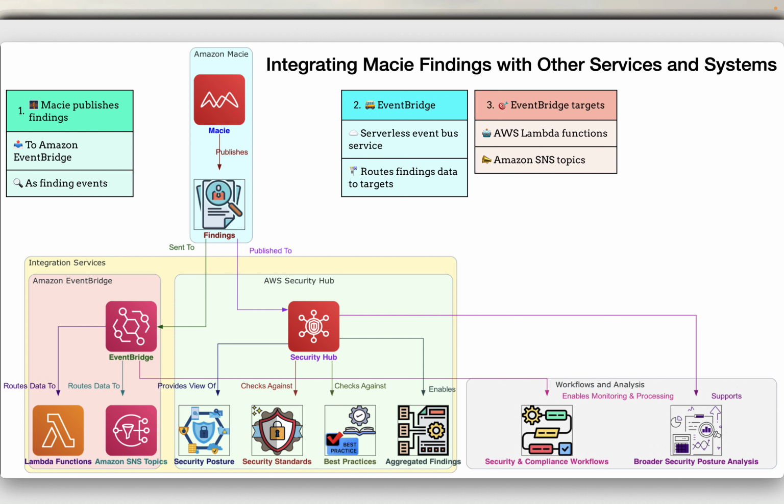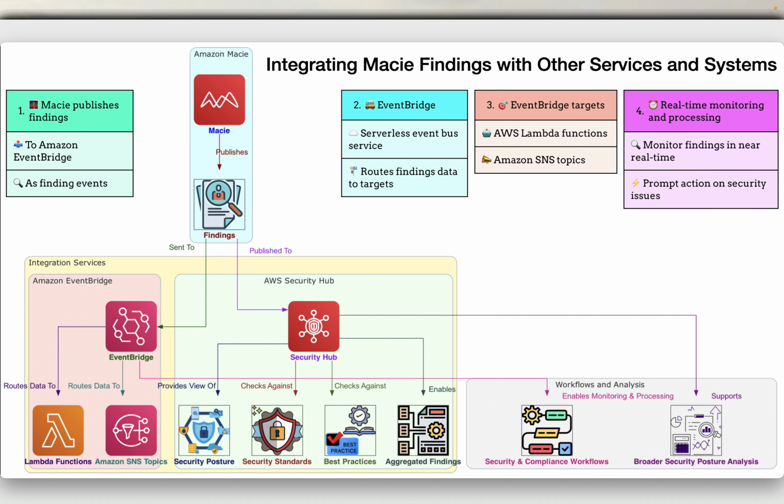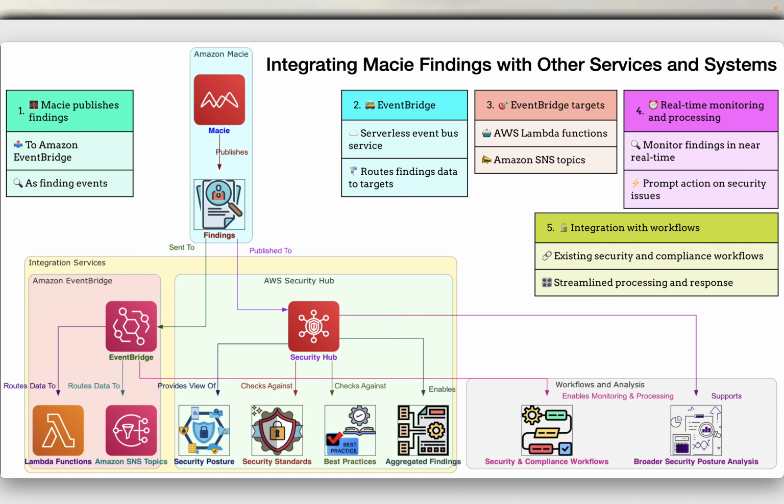With EventBridge, you can route Macie findings data to targets such as AWS Lambda functions and Amazon Simple Notification Service (SNS) topics. EventBridge allows you to monitor and process Macie findings in near real time, enabling prompt action on potential security issues. By using EventBridge, you can integrate Macie findings into your existing security and compliance workflows for streamlined processing and response.